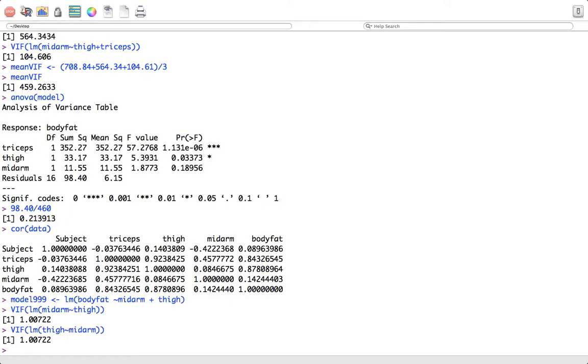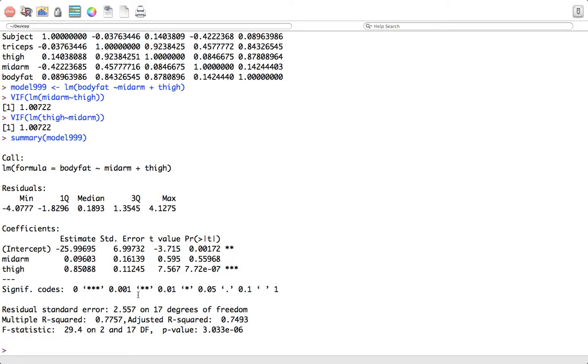I'm going to get the same thing. Yeah, so in this situation, you've got a much more stable model. And I actually believe this stuff. Mid-arm doesn't turn out to be a statistically significant predictor, but your thigh measure, when controlling for the mid-arm measure, seems to be a very good predictor of body fat.